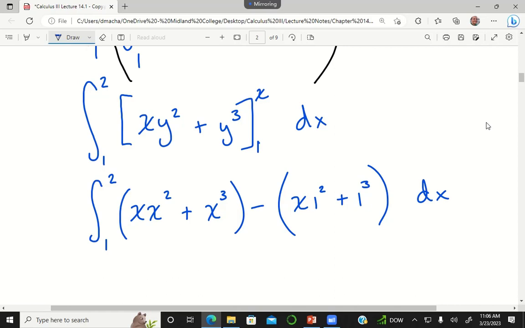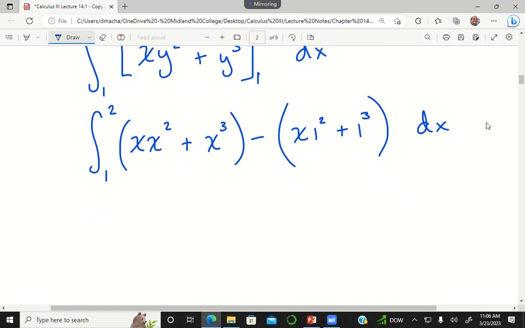So just plugging in the bounds of integration into my y variable. And we'll simplify this a little bit. x cubed plus x cubed is going to be 2x cubed. And I've got minus x minus 1.